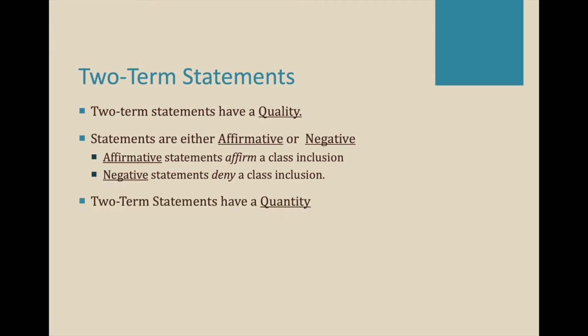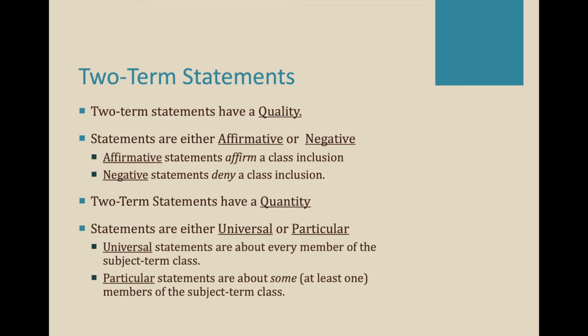And then two-term statements also have a quantity. And the quantity indicates to us how many of the category overlap, right? So in universal statements, what we're saying is that every member of the subject term class is included in the predicate term class or is not included, because it could be affirmative or negative.